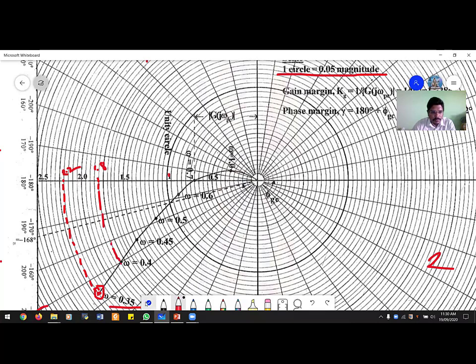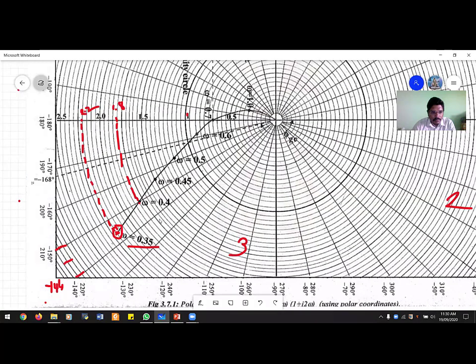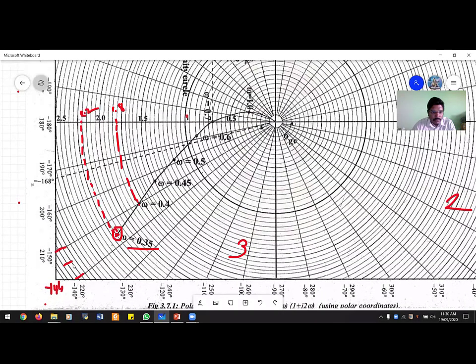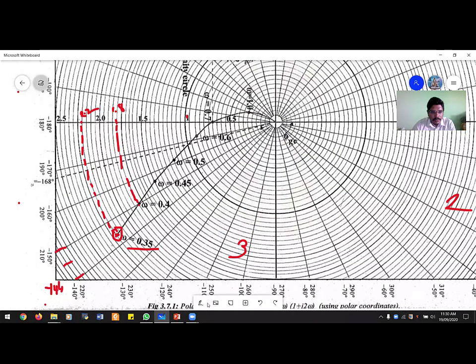Minus 150. So when it is 150, this is your minus 150 phase angle. So at this place, point and mark it.